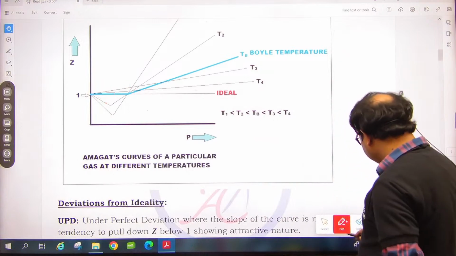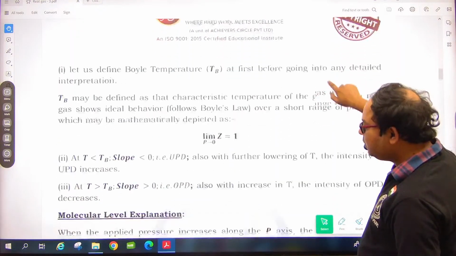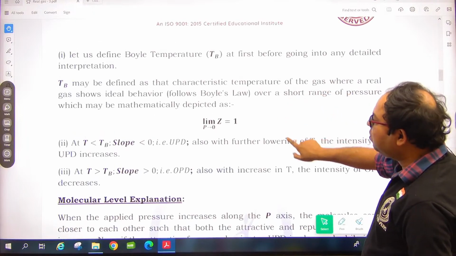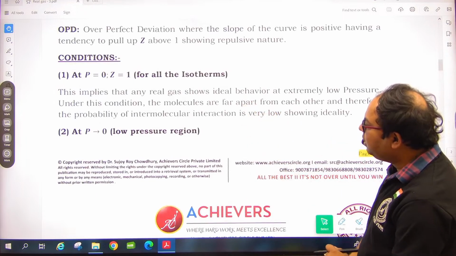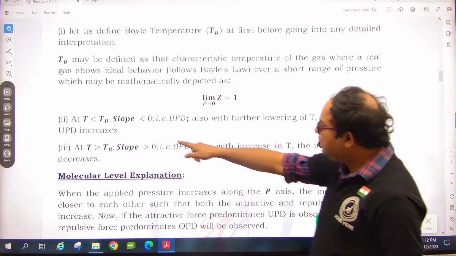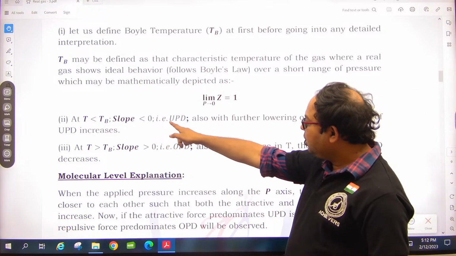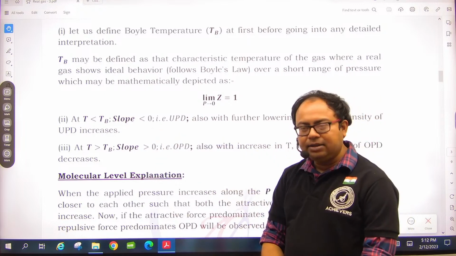So, we'll make these conclusions over here. At P tending to 0, at T less than TB, you have got UPD. With lowering of temperature, the intensity of UPD increases.